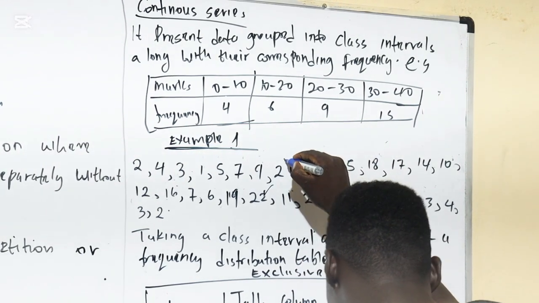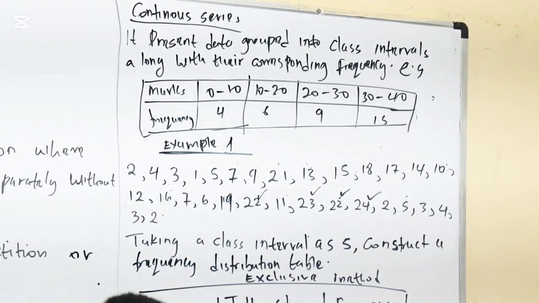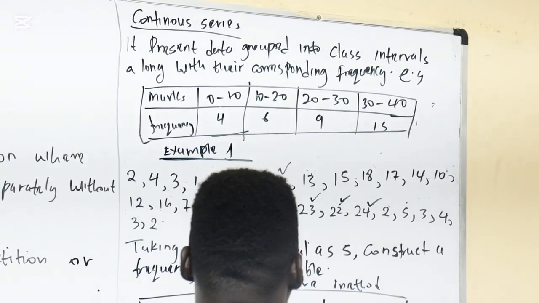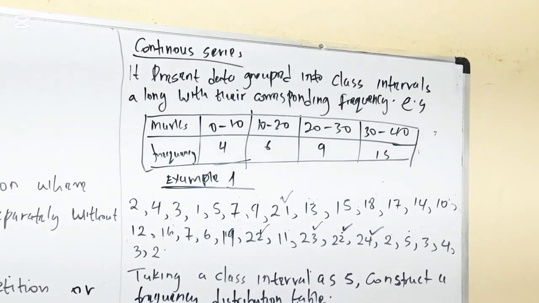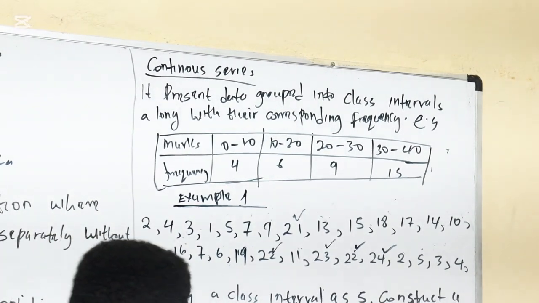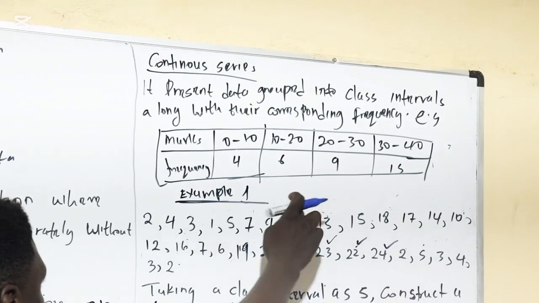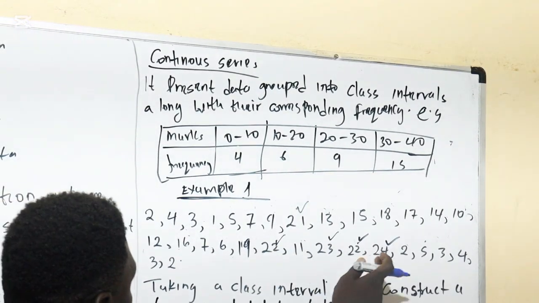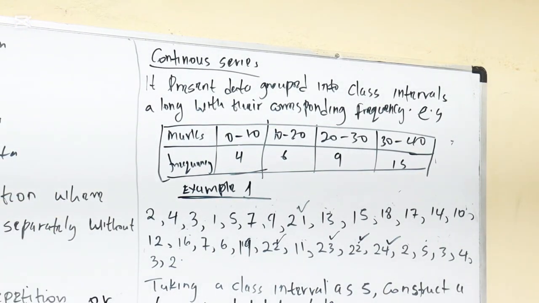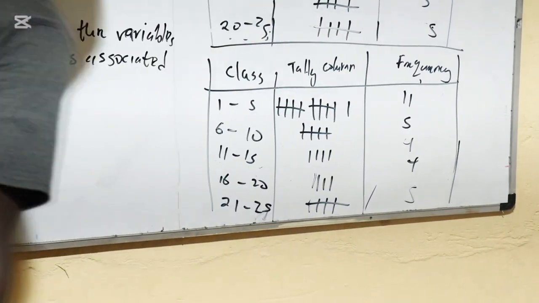So these are 21, so this will be 5. And this one will be 21 too. So they are both supposed to be 5. Yeah, there's 21 that I forgot. There's 21, 22, 23, 22, and 24. When you count them, they are 5. So here will also be 5. So that will be 1, 2, 3, 4, and 5.